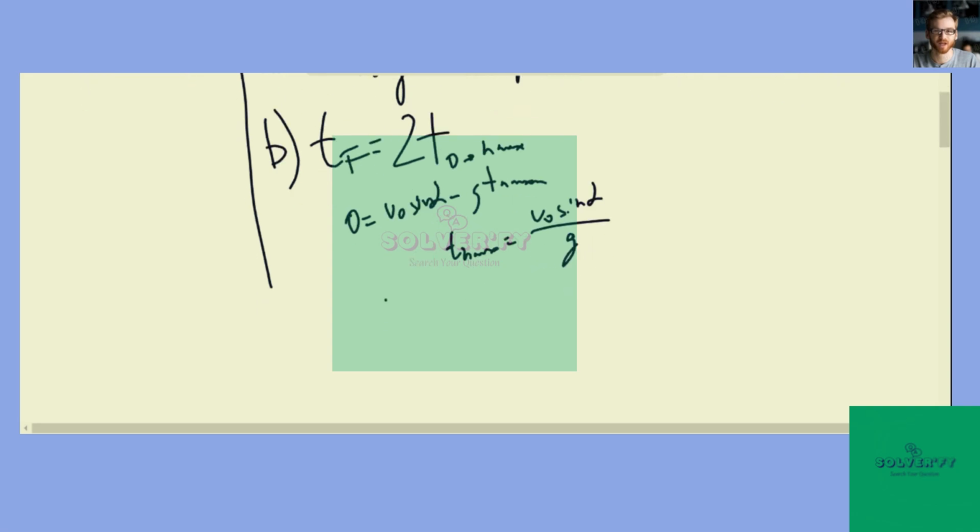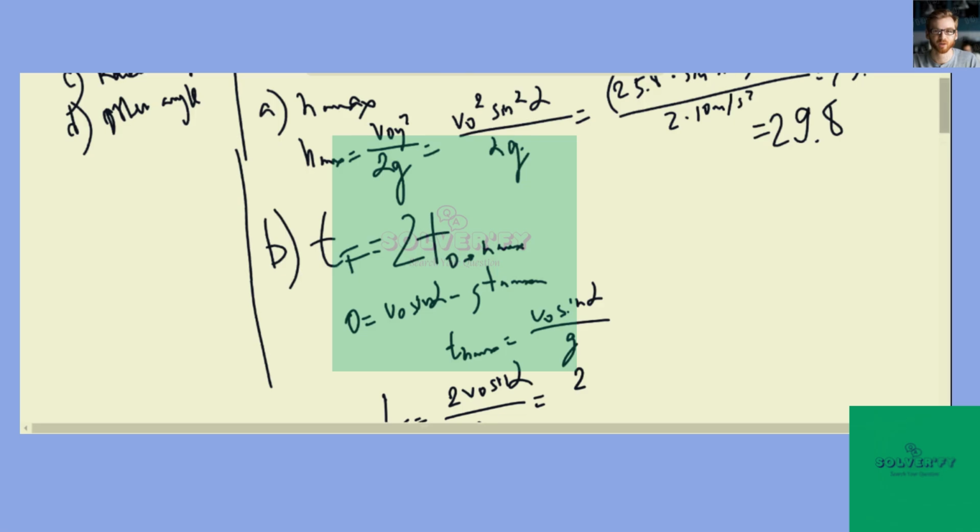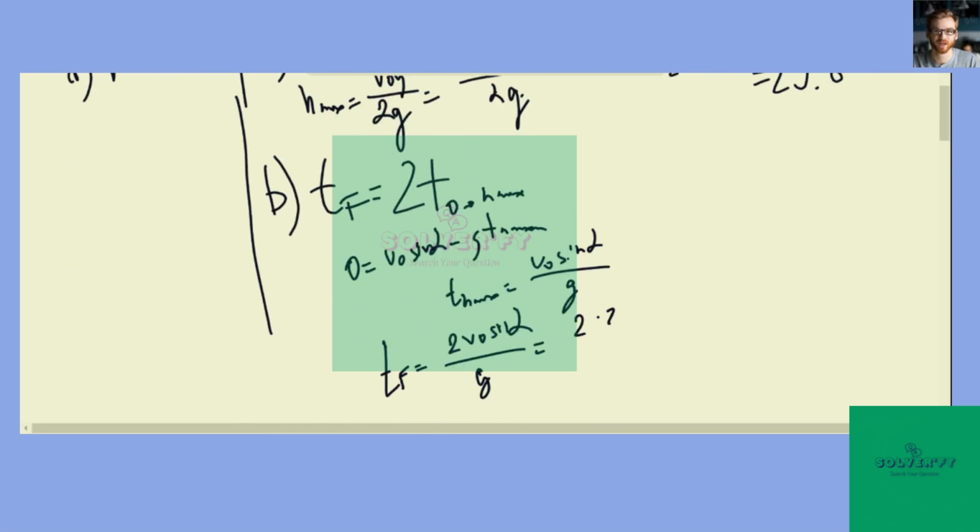And total time of flight equals 2 v0 sine alpha divided by g, or 2 times 25.8 meters per second divided by 10 meters per second squared.